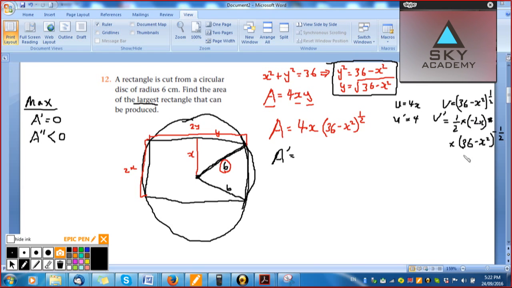Does that make sense? Now that half cancels with that 2, leaving us with v dash equals minus x, what is it?